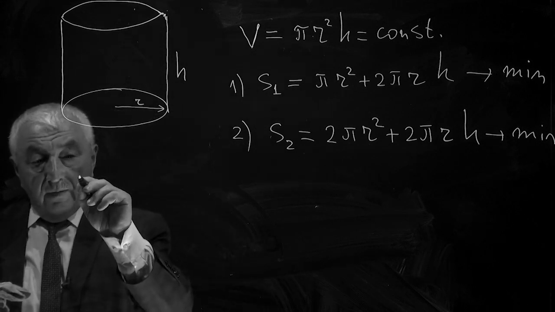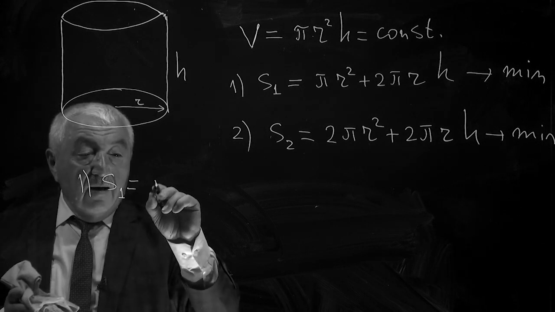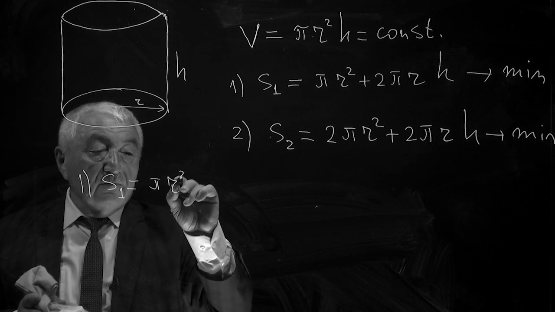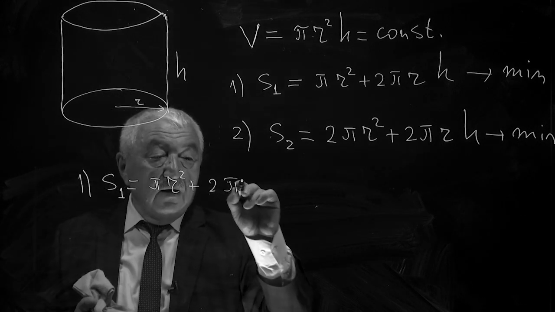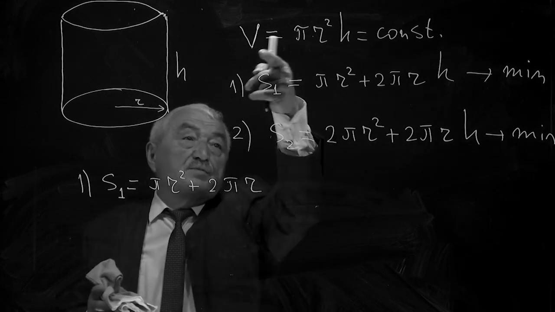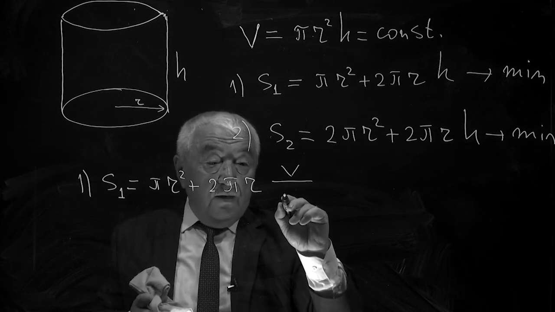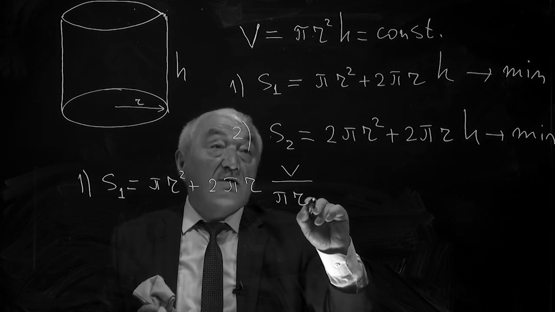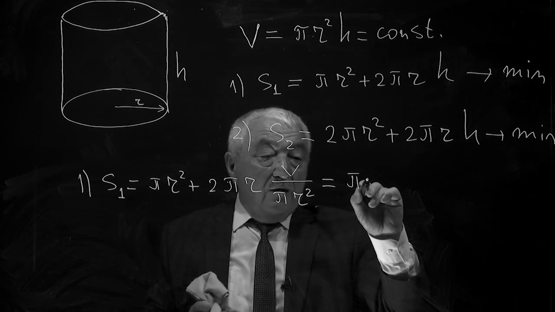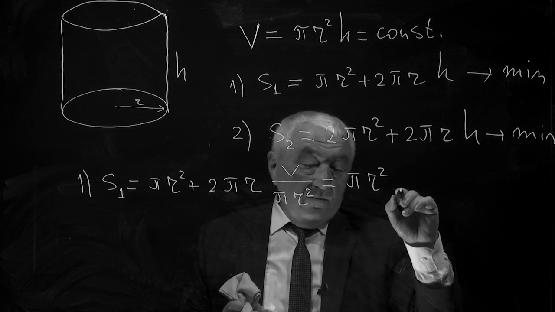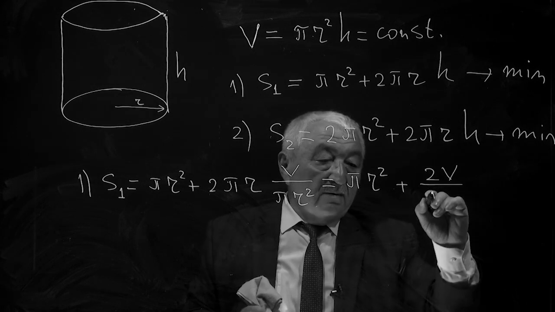First problem, S1 is equal to pi r to the second power plus 2 pi r h. H from this formula, volume divided by pi r to the second power, so S1 equals pi r to the second power plus 2V divided by r.